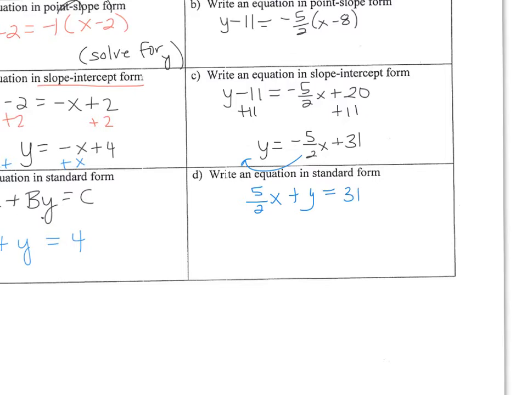But remember, the coefficients as well as the constant have to be not fractions. So I'm going to clear fractions by multiplying both sides by 2, because that's my denominator. So my answer is going to be 5x plus 2y equals 62.